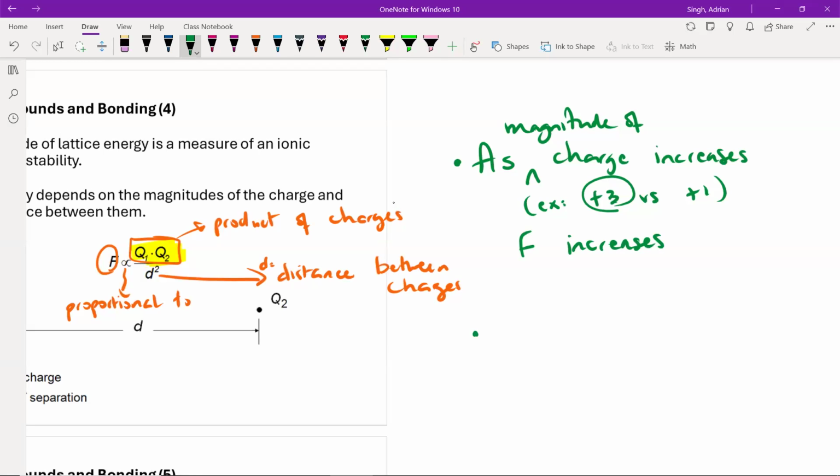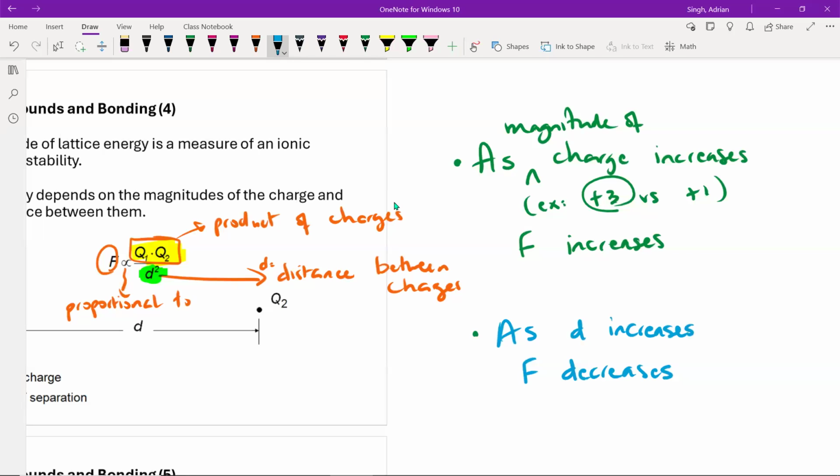The other thing we can see from this relationship is in the denominator. If the denominator gets smaller, then the force of attraction is going to get bigger. So as D increases, F is going to decrease. The force of attraction will be weaker.